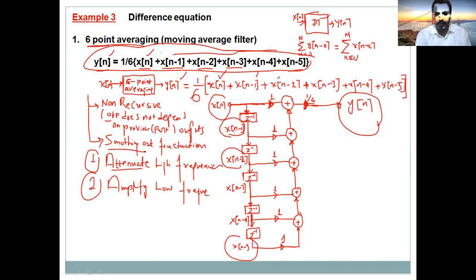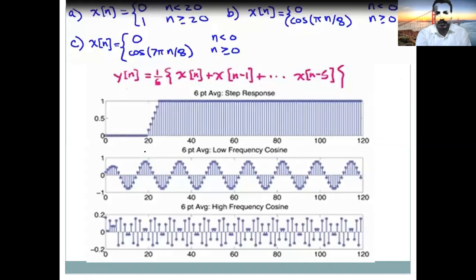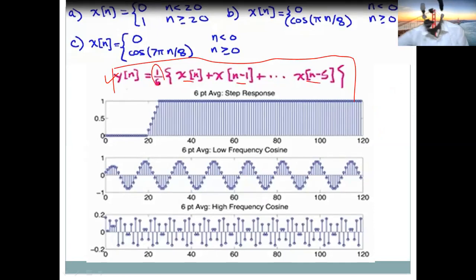So, as you can see here, this is our system with its difference equation. Summation of these 6 inputs divided by 6, it is averaging, right? Averaging.